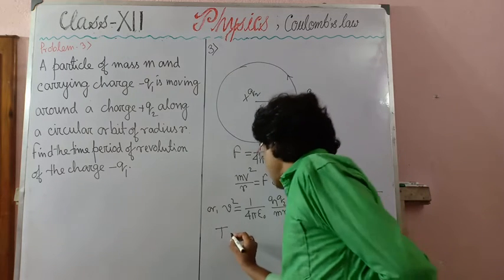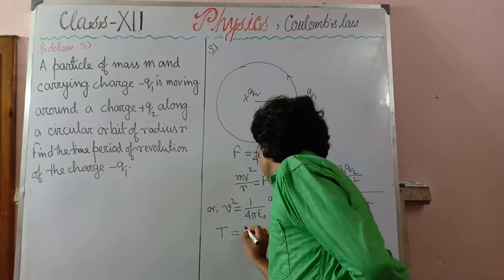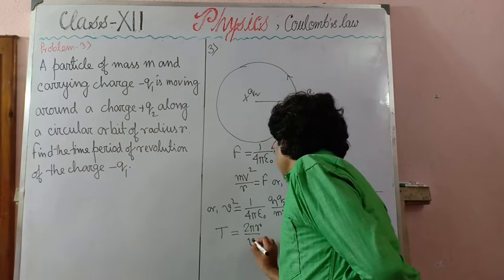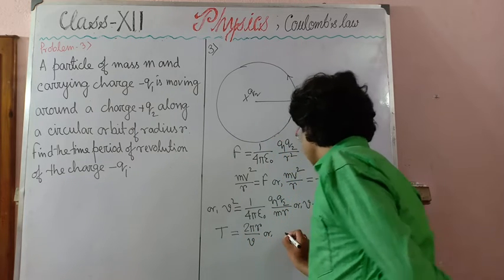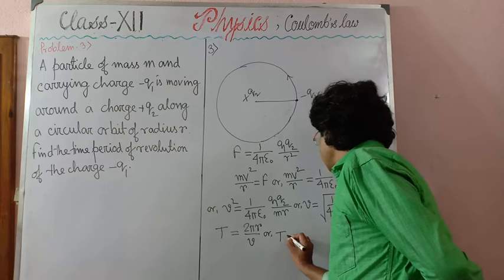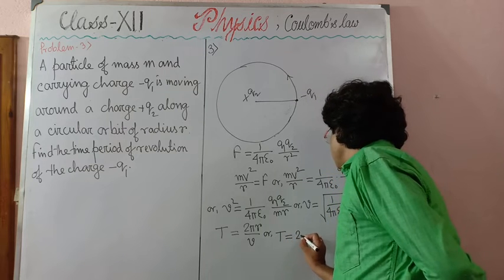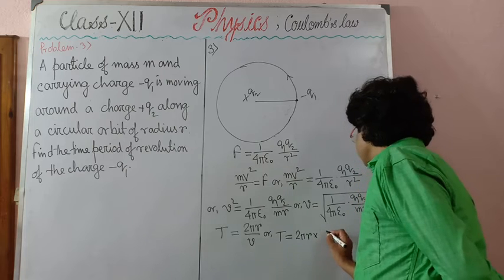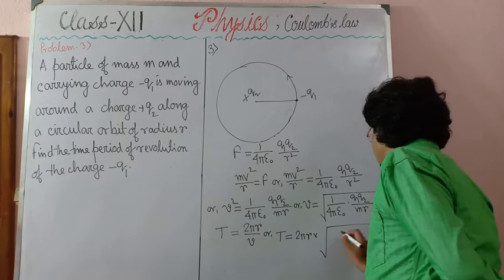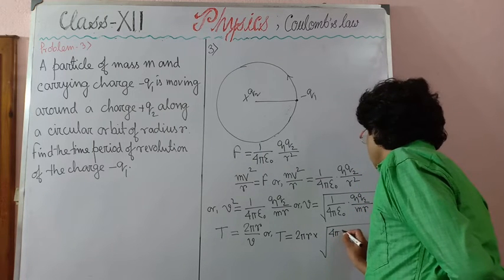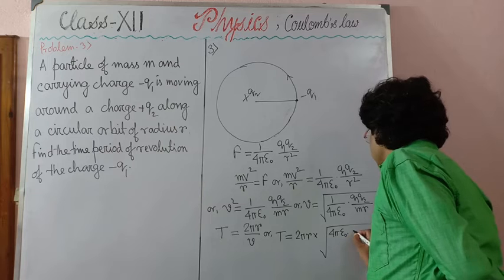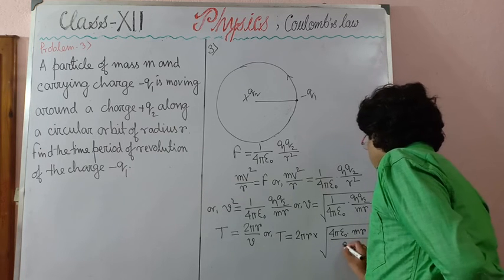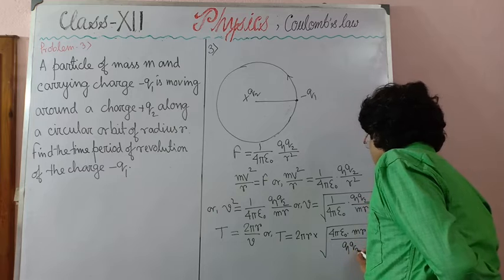So, capital T equals 2 pi r by v, or capital T equals 2 pi r into root over 4 pi epsilon 0 mr by q1 q2.